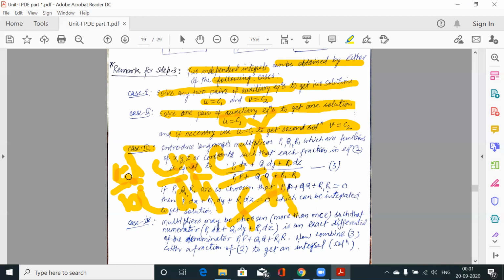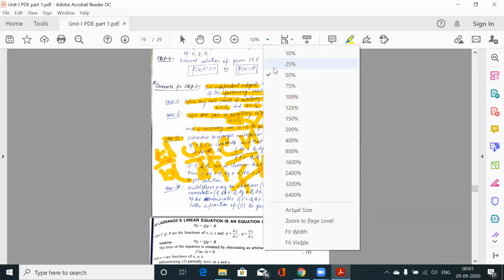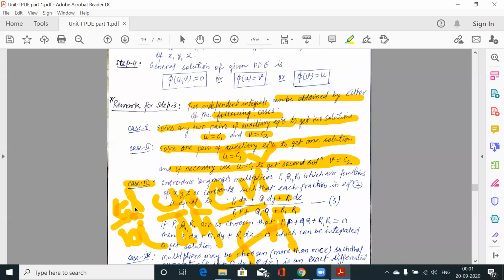So now this is la over lb, cm over dm, en over fn. So again we have three fractions. So again these fractions are also equal to al plus cm plus en over bl plus dm plus fn.